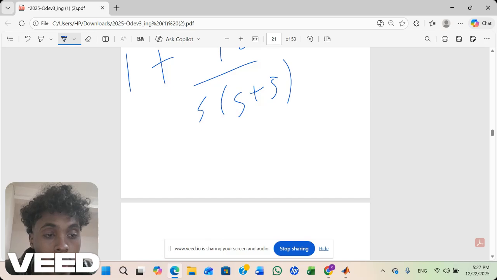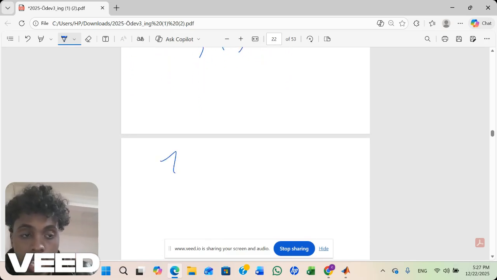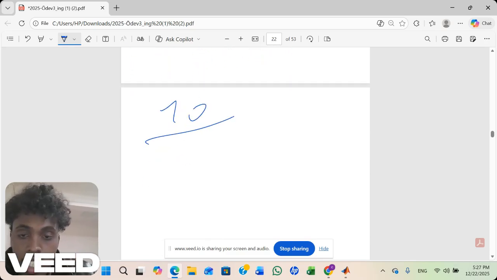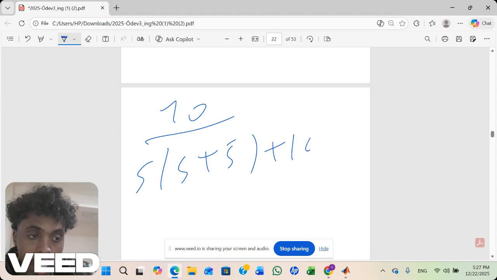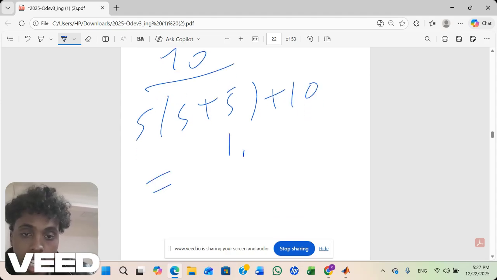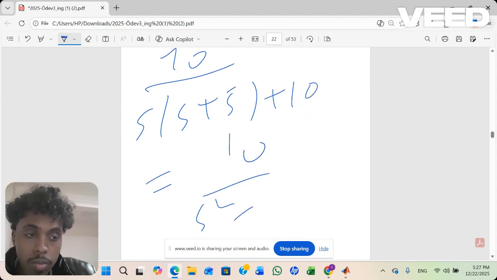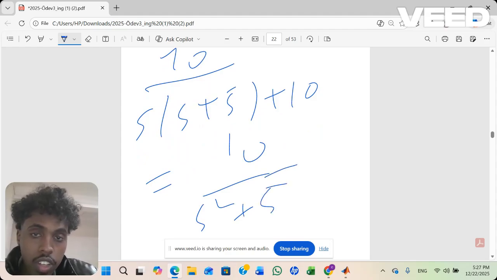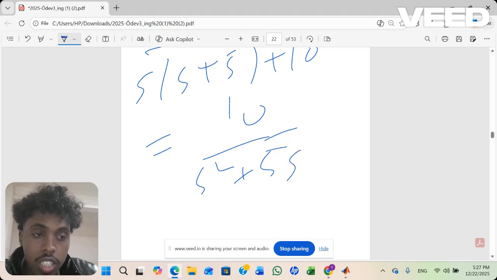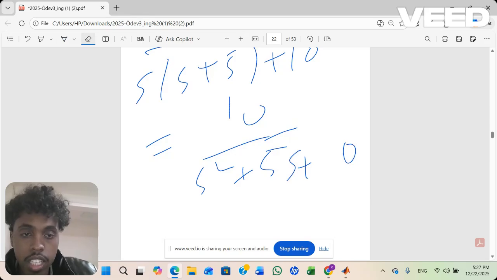So right now we have 10 over s plus 5 plus 10, which is equal to 10 over s squared plus 5s plus 10.